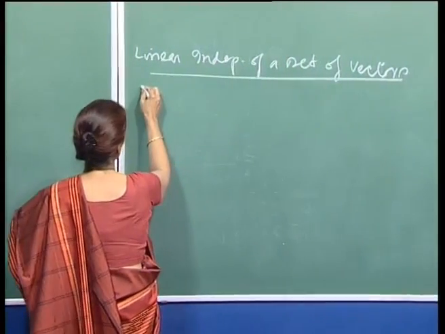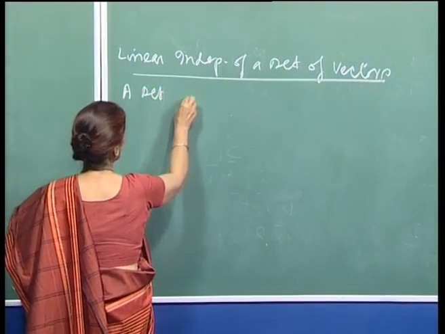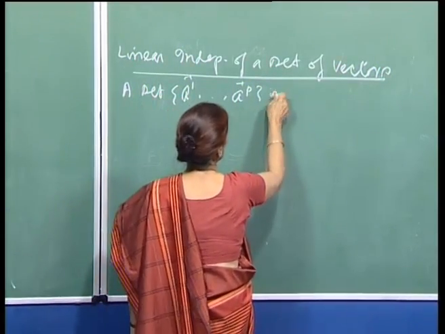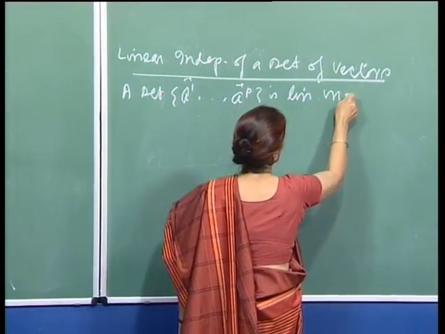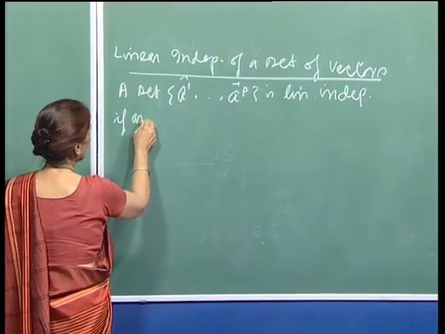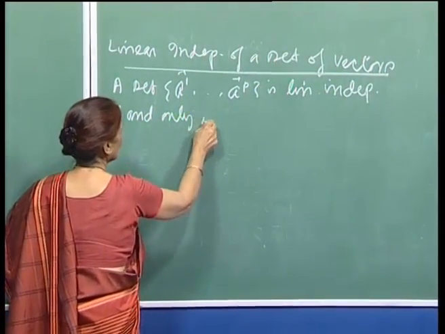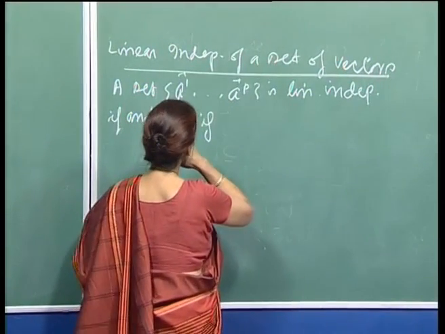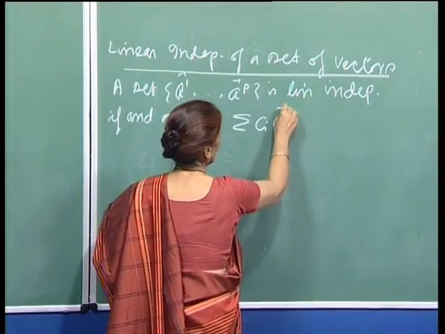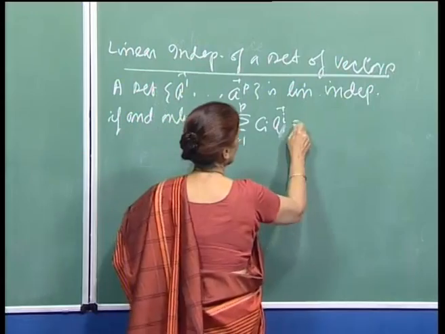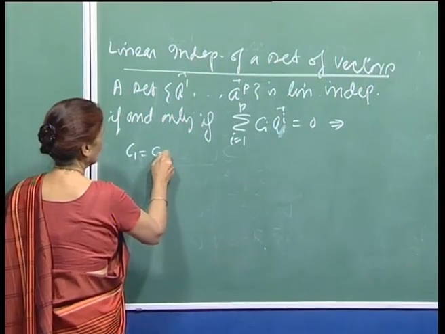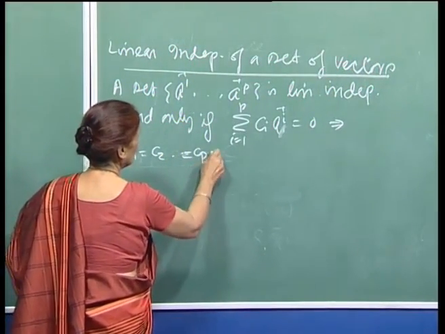So, we say that a set A1 to AP is linearly independent if and only if the linear combination of the ai vectors, i varying from 1 to p, equal to 0 implies C1 equal to C2 equal to Cp equal to 0.